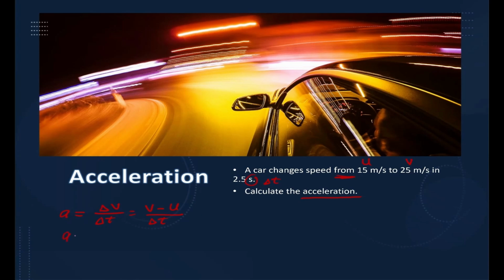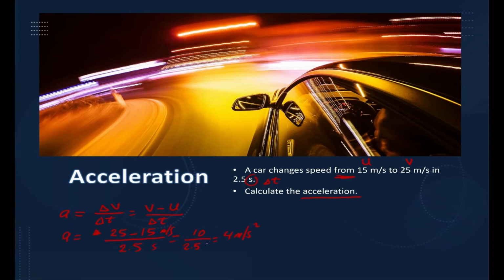So the acceleration here equals delta v, which is v minus u, which is 25 minus 15, over the time, which is 2.5. 25 minus 15 is 10, over 2.5 means positive 4 meter per second squared. Yes, very good. Because this is in meter per second and this is in second, it is meter per second squared.